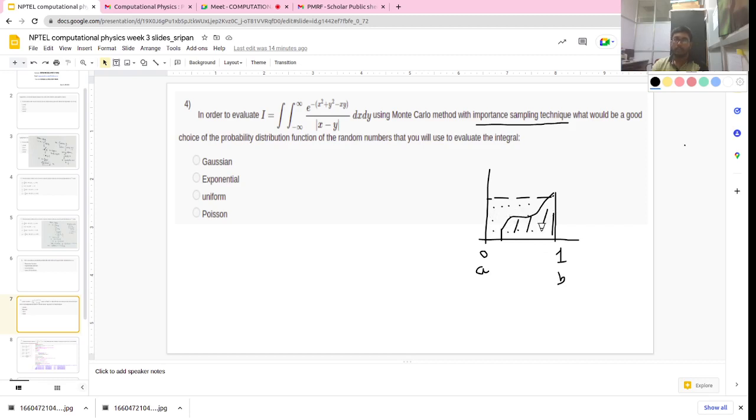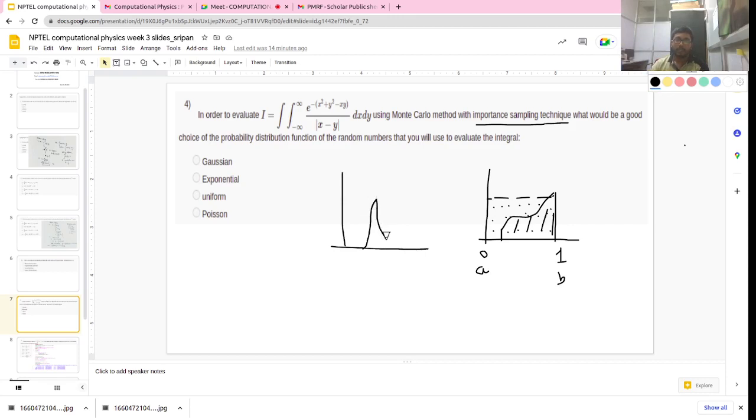So each one of these random numbers will have uniform probability to be the outcome.